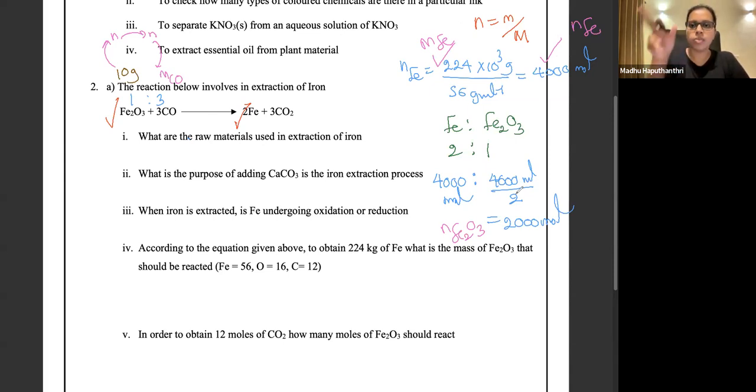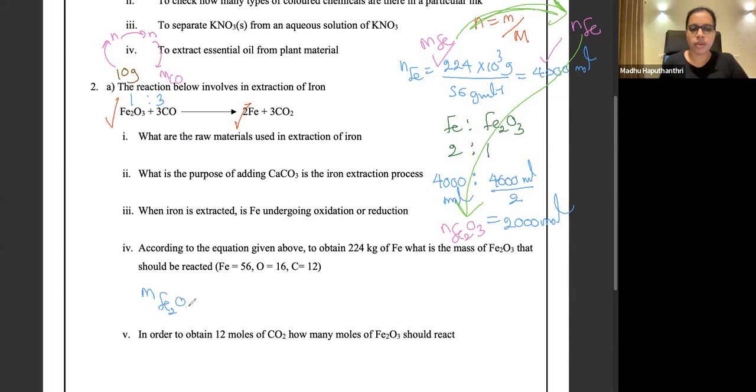You have to go through the number of moles. So this one's mass to its number of moles, then that number of moles we relate to the other's number of moles, because number of moles to number of moles, we can connect. All right. Then we can convert this to its mass.